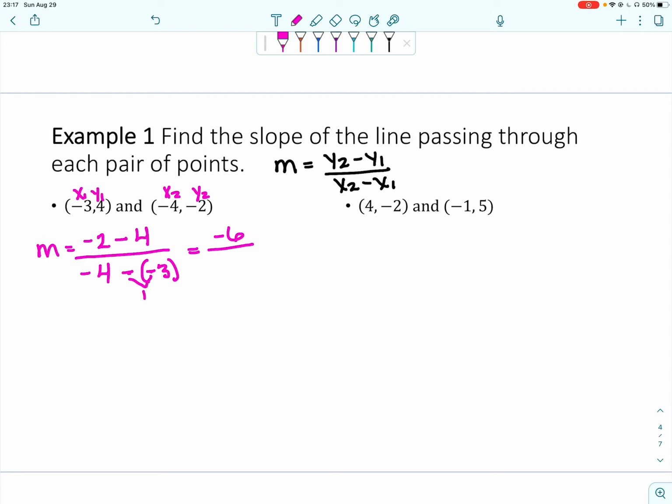So remember, this is the same as addition. So that's -4 plus 3 is -1. -6 divided by -1 is 6.